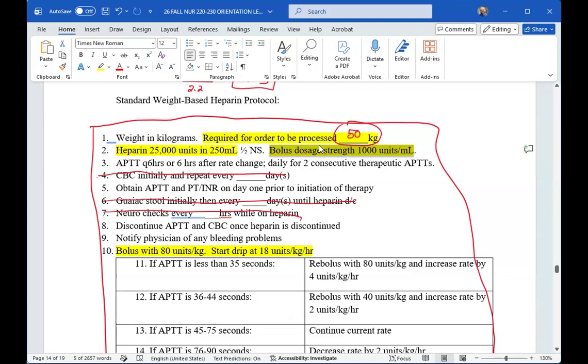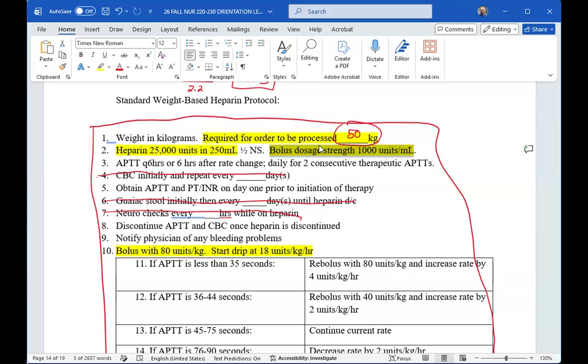I always tell the 220, 230 students when they're first seeing this, keep this in mind. When we're talking about a bolus dose, it's separate from the IV, right? You're coming in as the nurse with the syringe. The syringe has a strength of 1,000 units per milliliter, but you're not going to push all 1,000 units into the patient.